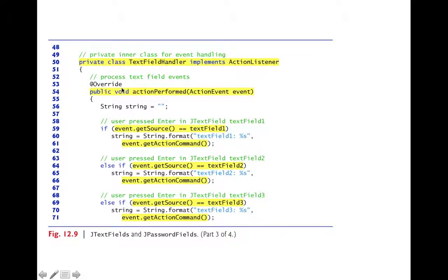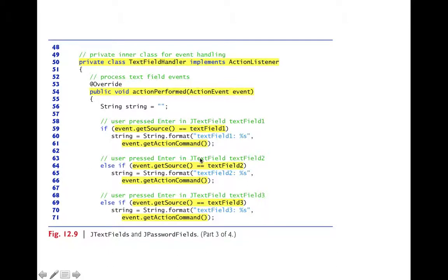When we implement an interface, we must override its abstract methods. So the one abstract method that the action listener interface comes with is action performed, right? That's the one thing we have to do. We have an action event that we define, and here the actual event is called event of type action event.